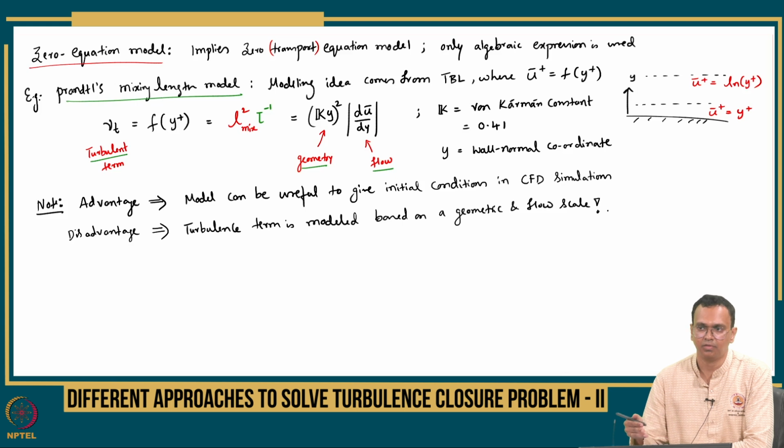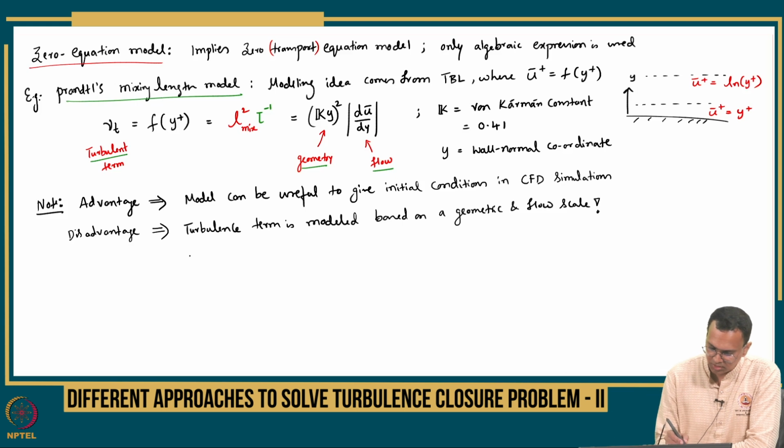And even for a bluff body, you can say, okay, there is a surface, I will use y as a wall normal coordinate. It will give erroneous values because there's hardly any boundary layer downstream. Only upstream you have some boundary layer development. Downstream it is all flow separation and turbulence coming in. So this is not applicable to all kinds of flows, right?